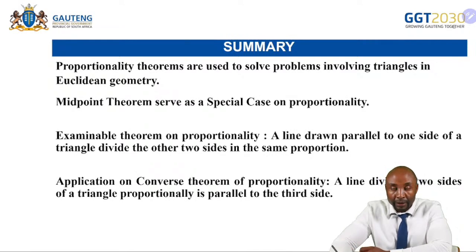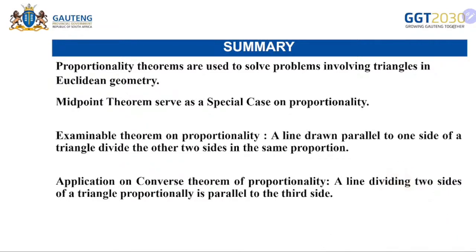Please, you must know the proof of this theorem, and you must always know that the application of the converse theorem of proportionality can be asked, and you must know how to use it and to give the correct reason for using that particular theorem. The reason must have converse prop theorem.